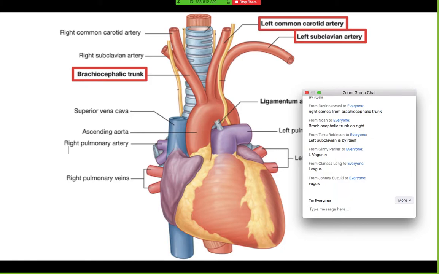You can probably guess what I'm about to point out. Yeah, the left recurrent laryngeal. So remember that it wraps around posteriorly around the aortic arch. Last year on the lab practical, they tagged the left recurrent laryngeal nerve, so make sure that you can identify that in the donor.